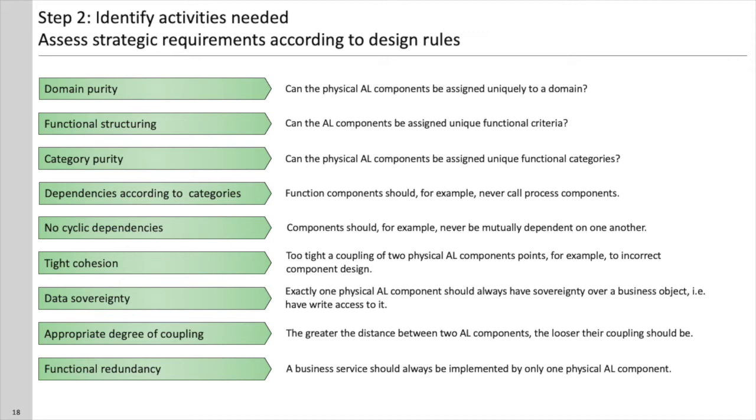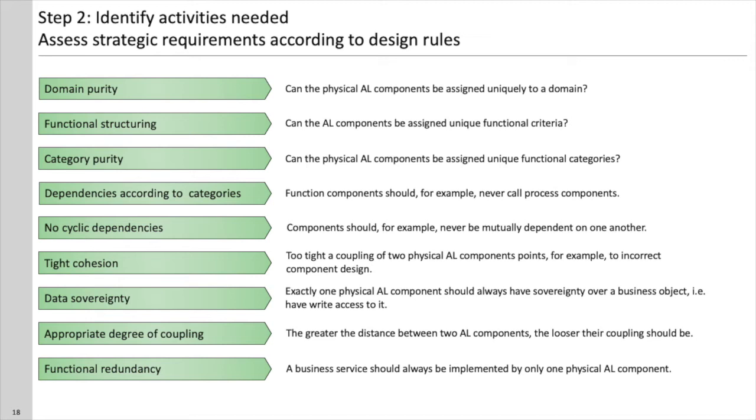An easy mapping to make: is there one and only one prime goal, or are there many? And if there are many, we have to act. Dependencies in accordance with categories: for example, function components should not call process components, and so on. So do we apply the communication rules of our reference architecture, and so on and so on?